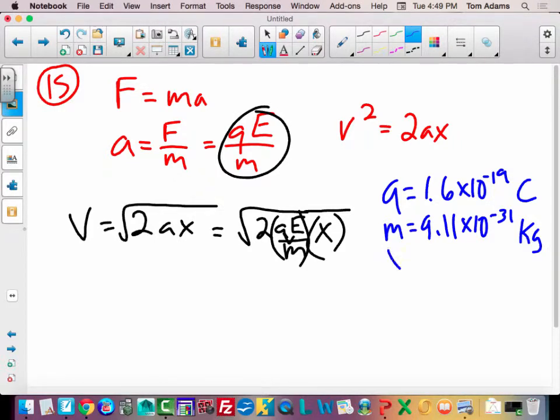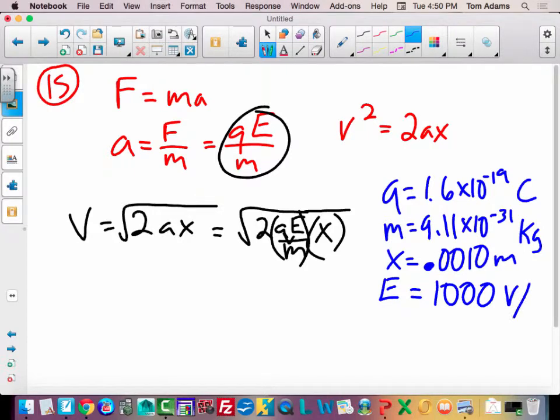We said the displacement was 0.0010 meters, and the electric field was given to us as 1,000 volts per meter. You notice that they changed the units to volts per meter because we're going to have some cancellations with the meters, so the dimensional analysis takes care of itself.